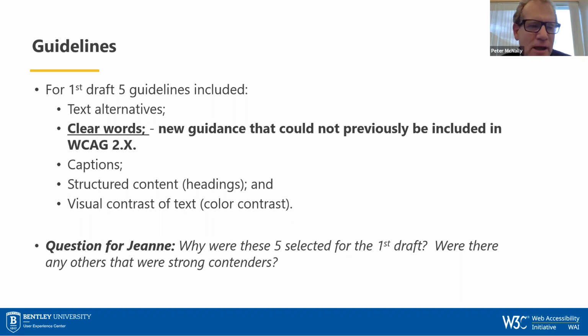So what they're looking at here is text alternatives. If anyone has done any work in accessibility, you're probably familiar with alt text. It's probably the first thing that you learn about when you study accessibility for visually impaired people, making sure you have text for graphics.